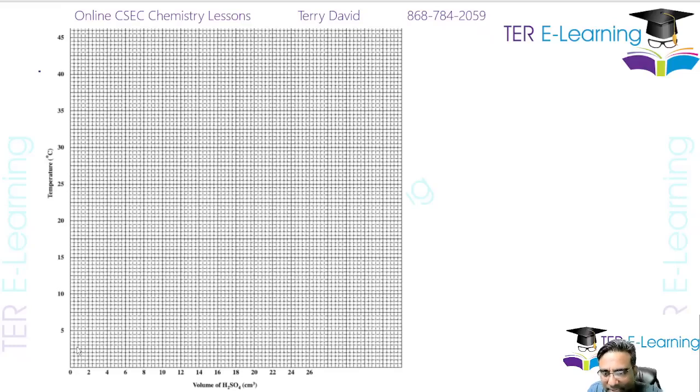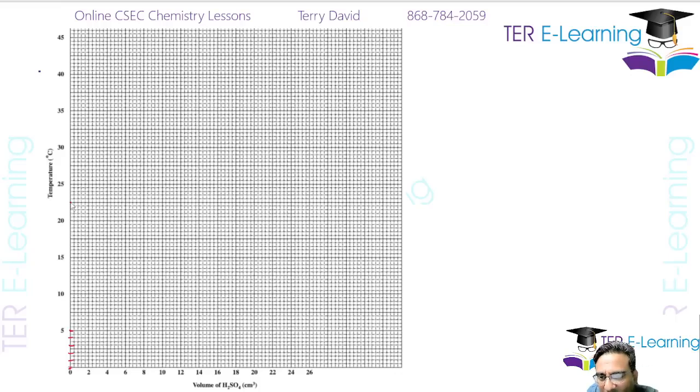So we need to understand our scale first of all. So from here to here is 5, which means that every 2 lines is actually 1. Every 2 lines is actually 1 degree, right? So if you want to get 22.5, that's going to be 21, 22, right?